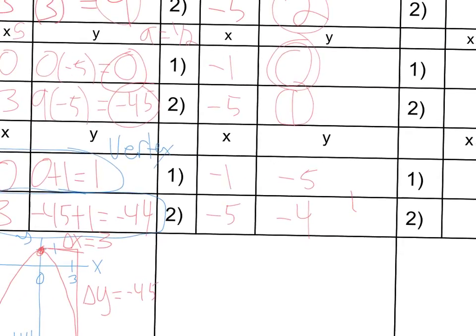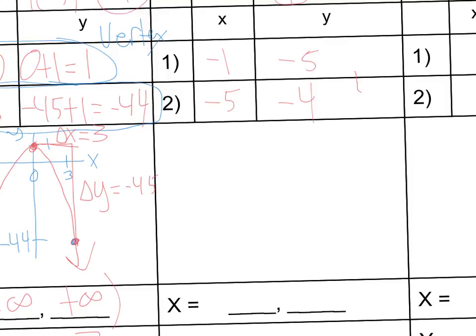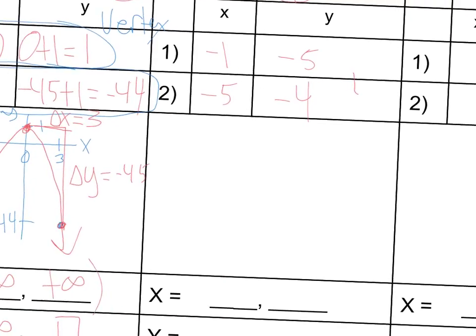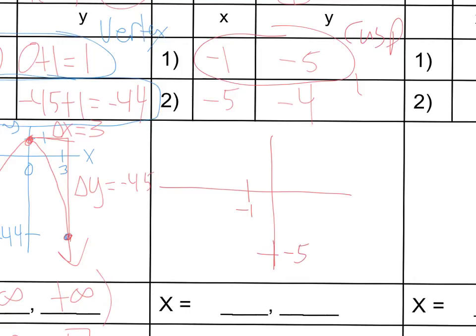Once I do that, I'm going to make a sketch. It looks like I've got my whole graph below the x-axis. So again, it's just a rough sketch. The first ordered pair will always be the cusp, so (-1, -5).